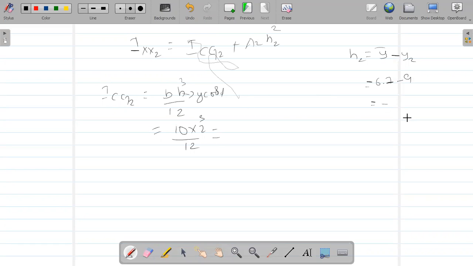This is minus 2.8. Very good. So what is the answer for 10 into 2 cube divided by 12? This is the ICG2 answer.